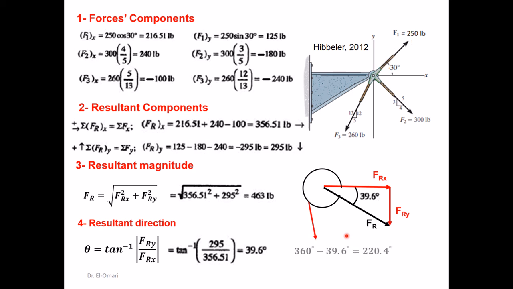So you can just simply subtract 360 minus the 39.6, and this will give you the final answer. So we have the magnitude, we have the direction, and this way we found the resultant force of that system.